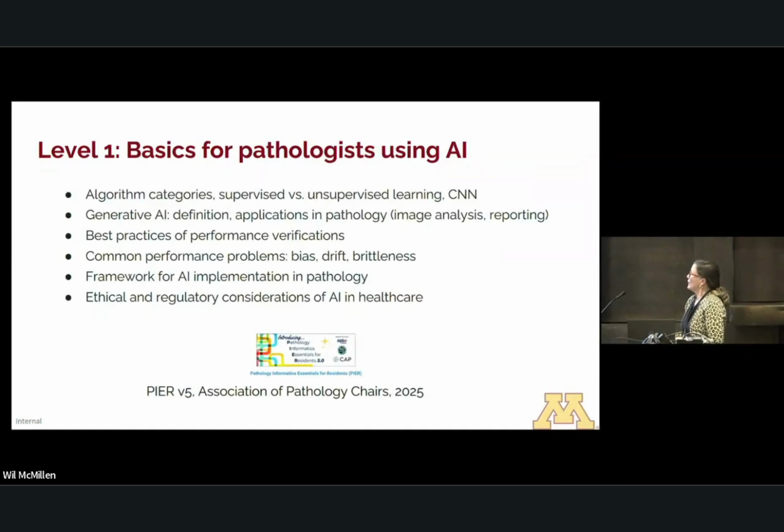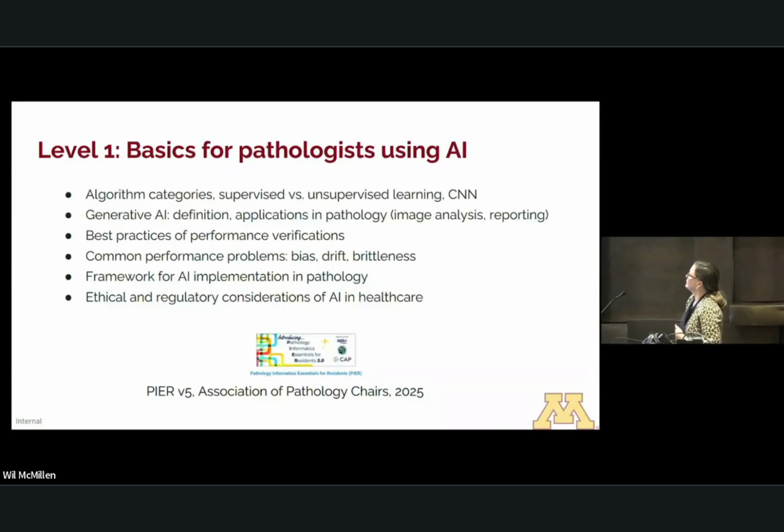So going back to the PEER recommendations, here's the basics for pathologists using AI as a tool, for sign out and diagnosis, and I think all these also apply to just using, for example, large language models in your work in teaching and research, et cetera.